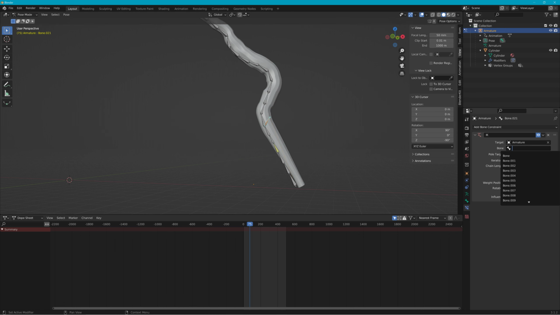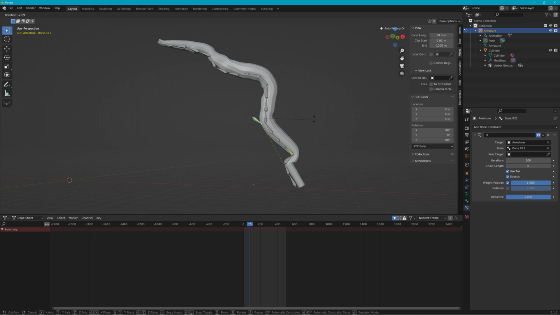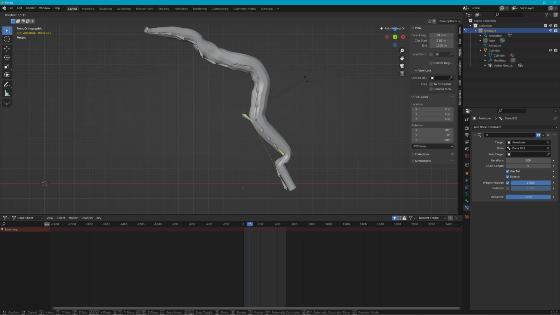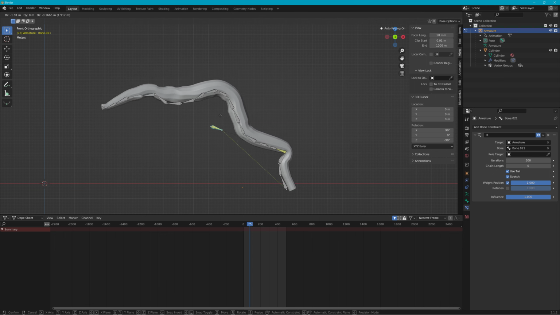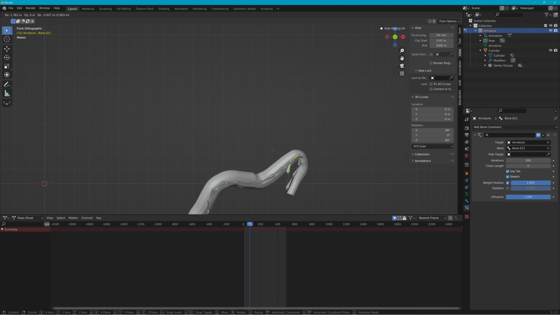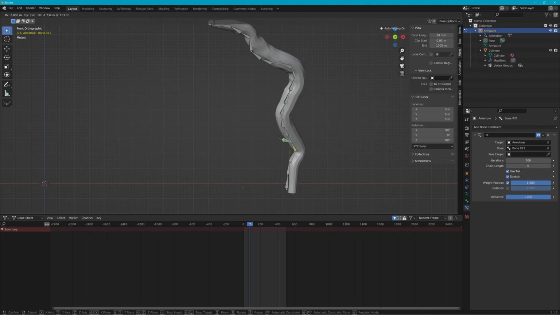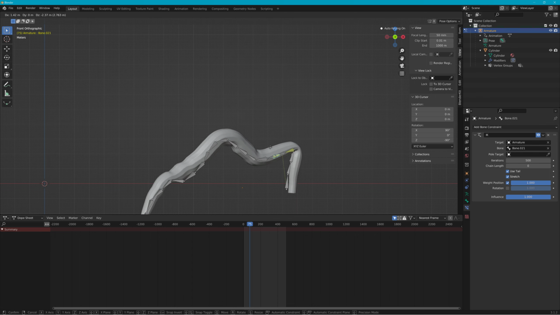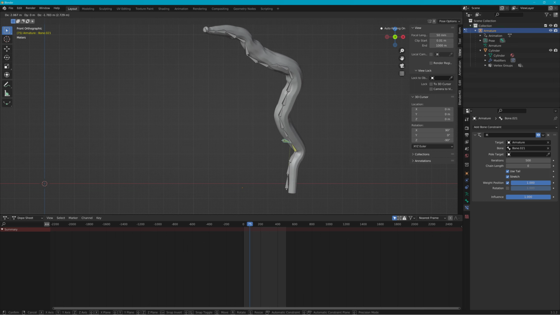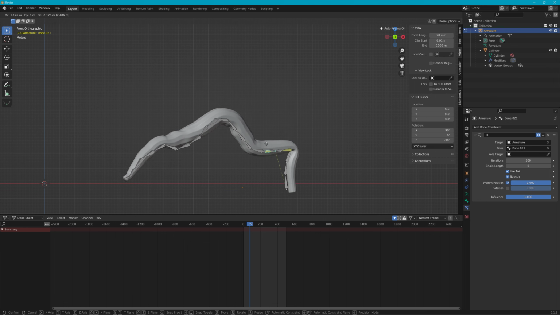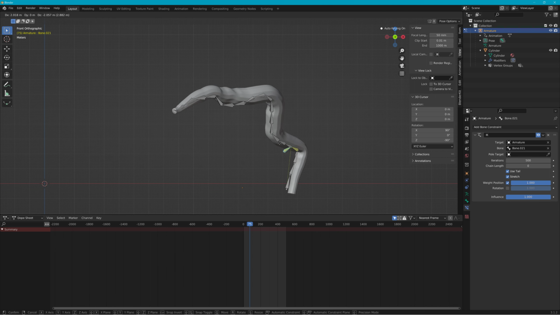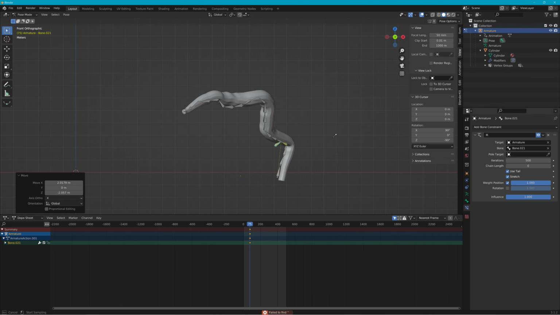Something ain't right. I'll get it. There we go. I got it now. That's inverse kinematics. It would take me a little while. There isn't a pole target selected though. I forgot exactly what that does.